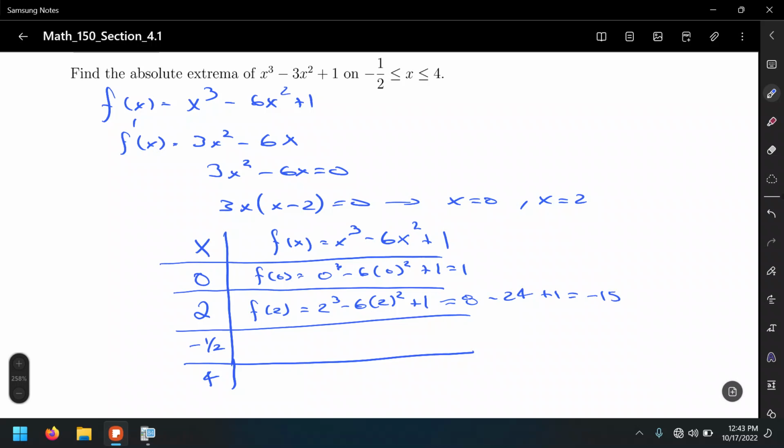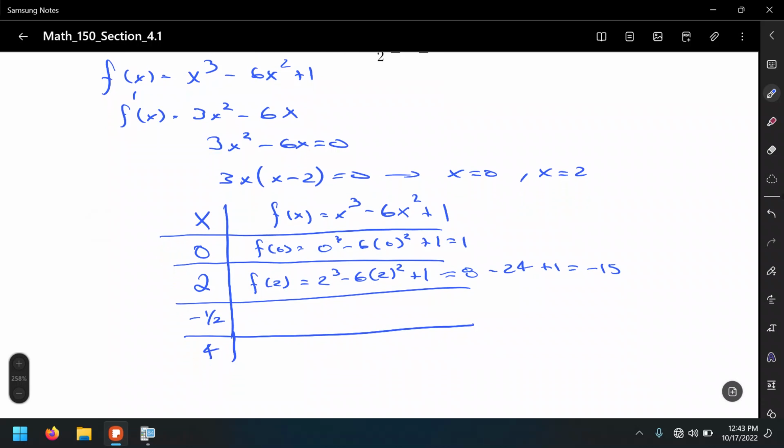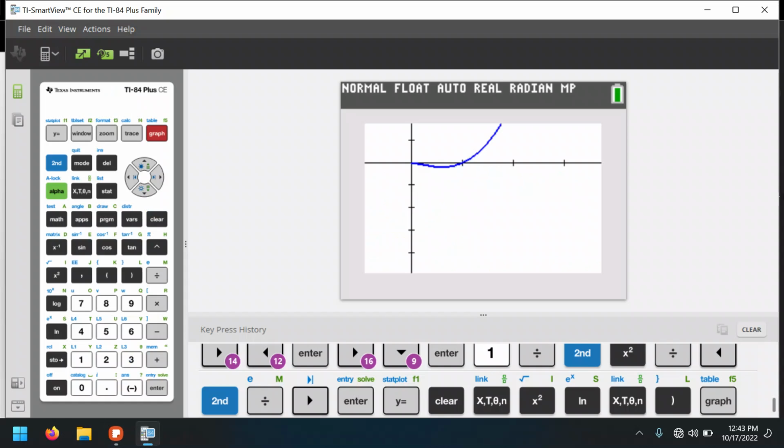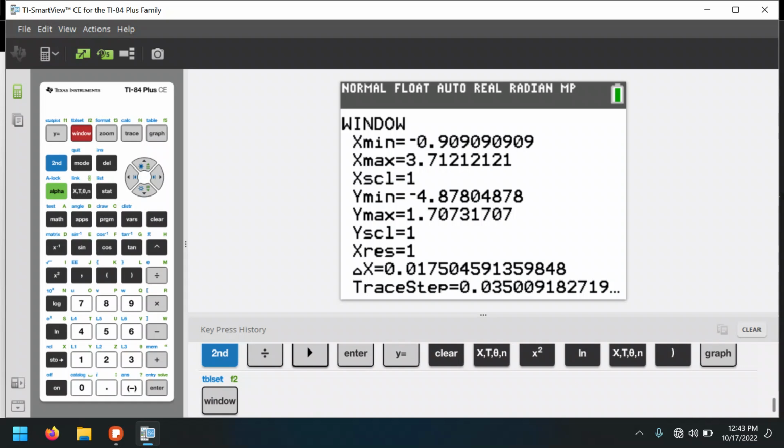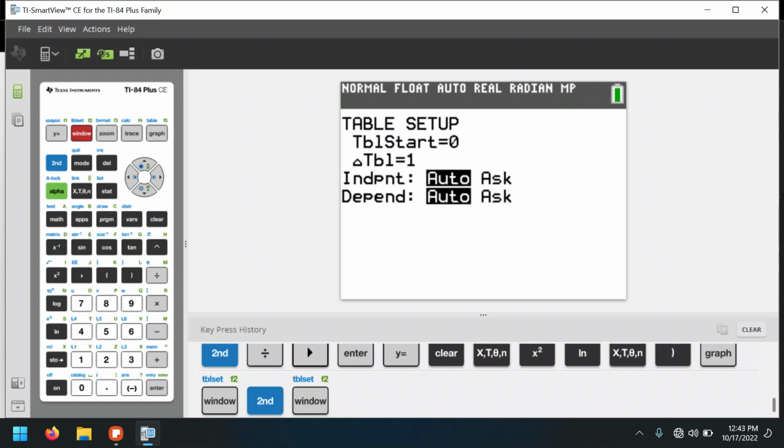All right, what about these more complicated numbers? If you have a TI calculator, let me show you how to do this. You want to go to Table Set and set the independent variable to Ask. That asks for the value of a particular independent value.